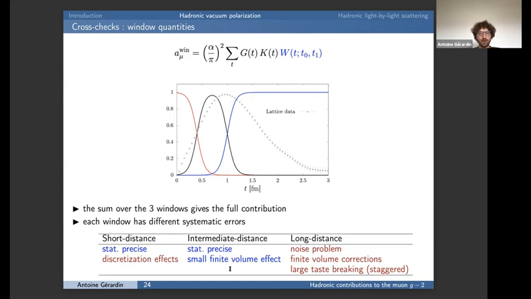So finite volume effects are relatively small. Discretization effects will also be a bit smaller because we exclude the very short distance contribution. And so in principle, this intermediate window is much easier to compute on the lattice. So we can use this as a cross-check between, for example, different lattice collaborations.